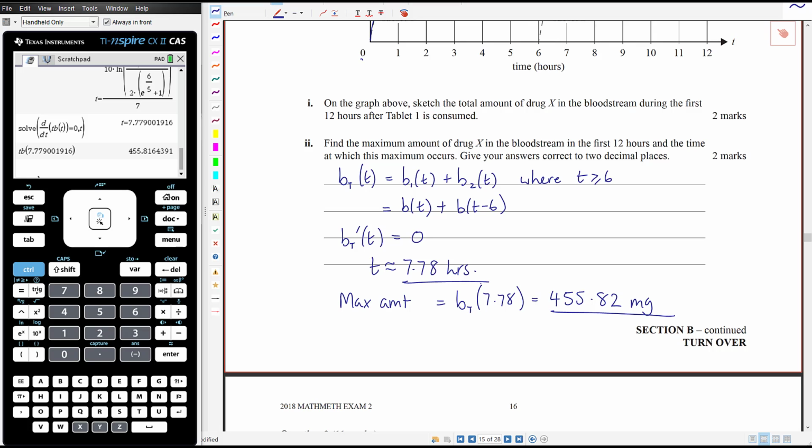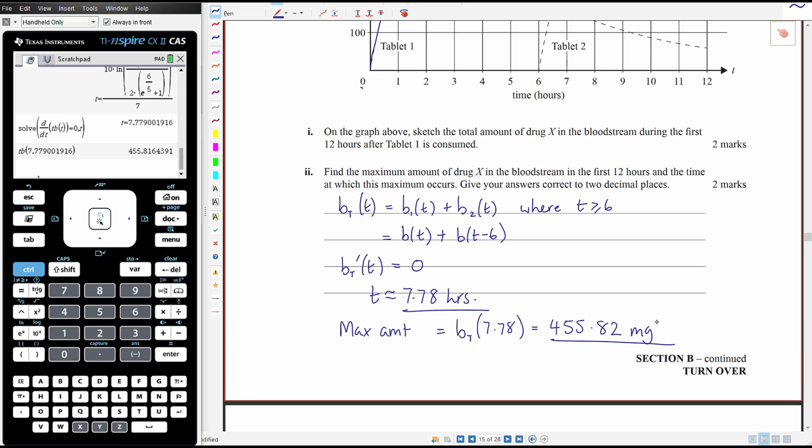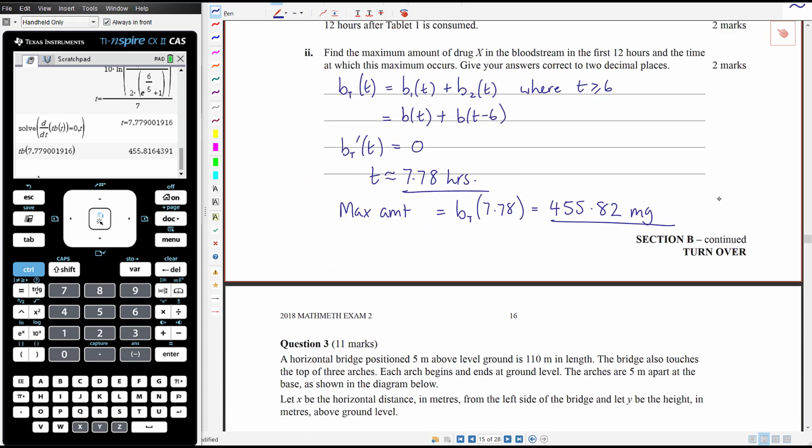So that's the time at which we get maximum dosage, and the maximum amount in the bloodstream is 455.82 milligrams. And we had to come up with this function first in order to do it. So 2 marks is really only going to be for those 2 answers, but there's more work than that in that question.